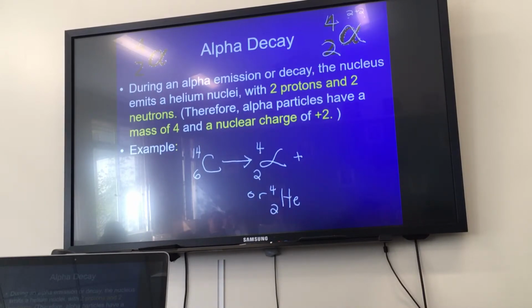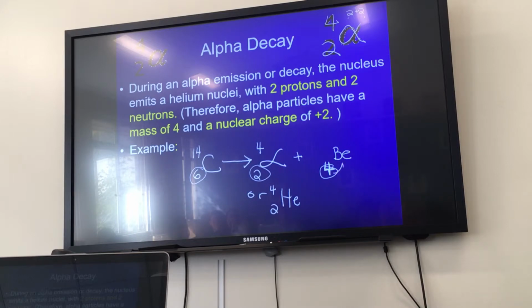On this side I have a total of 6, so on this side I have to have a total of 6. With a 4 here, how do I know what the element is? I go to my periodic table and look up element number 4, and it's beryllium.